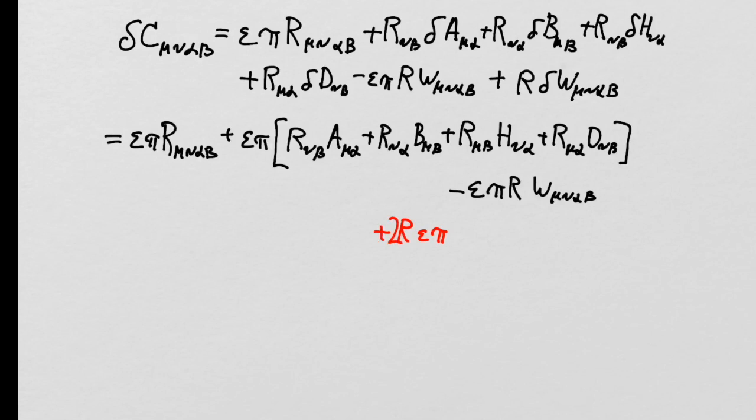No, it's plus 2r epsilon pi omega mu nu alpha beta. The variation term comes in with a plus sign. The term that's not a variation comes in with a minus sign. But this is the same expression, right? So you end up with just a plus right there, right? Okay, so that's fine.